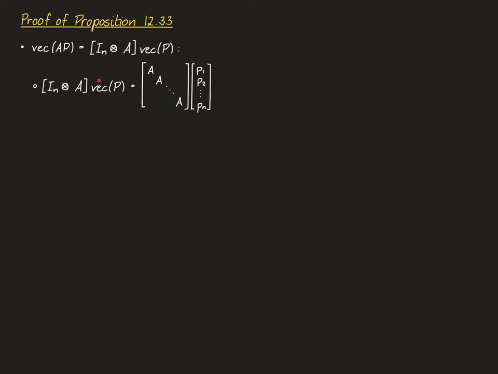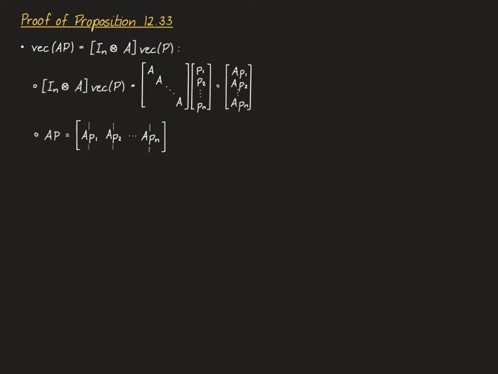And the vectorization of P is clearly a large vector consisting of the stacked up columns of the matrix P, which we call P1, P2, and so on up to Pn. Thus, this matrix vector product yields a large vector consisting of the single vectors AP1, AP2, and so on down to APn stacked up on one another.